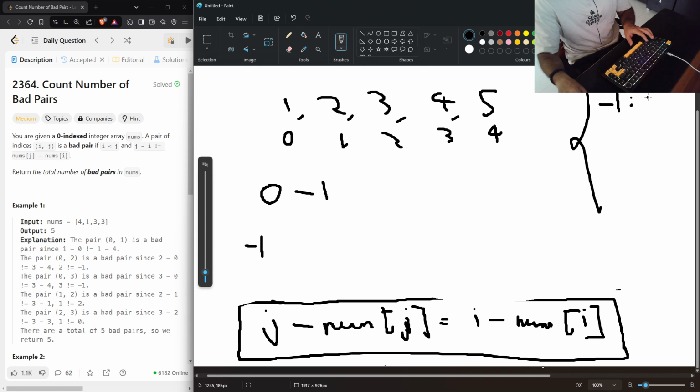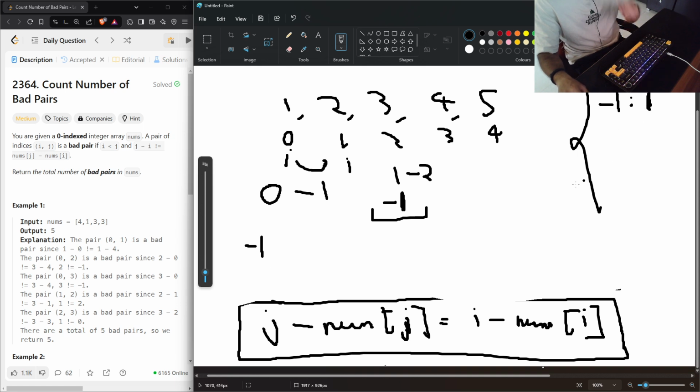Now we move to the next value, which is 1. Now i shifts from this side to this side. We'll do the same thing, i minus the value at this index, so that will be 1 minus 2, which is minus 1. Now we need to check, do we have a minus 1 in the hash map? Yes, we do, and the count of that minus 1 already present in the hash map is 1.